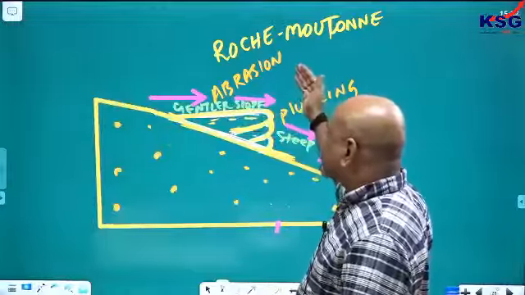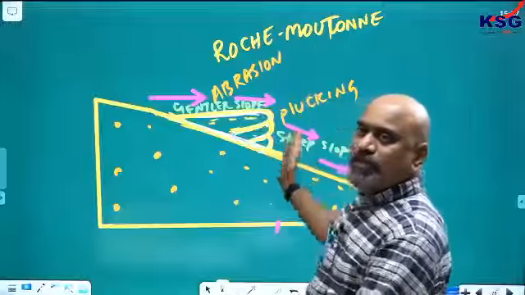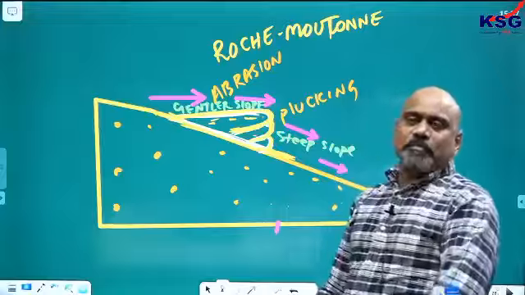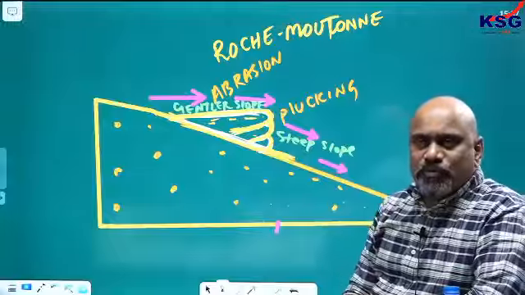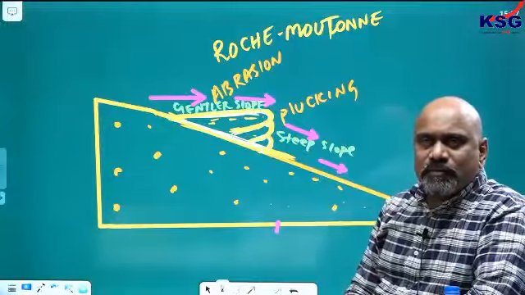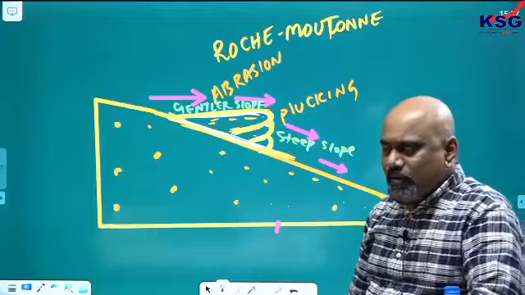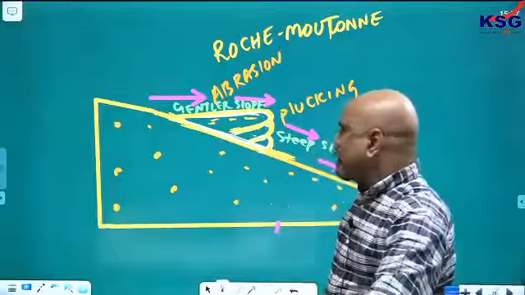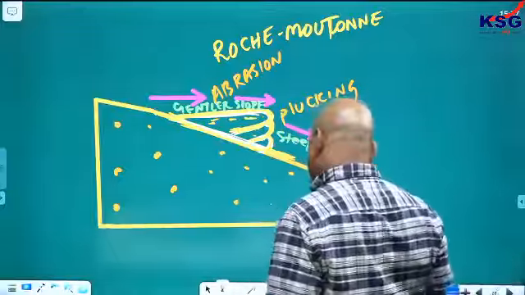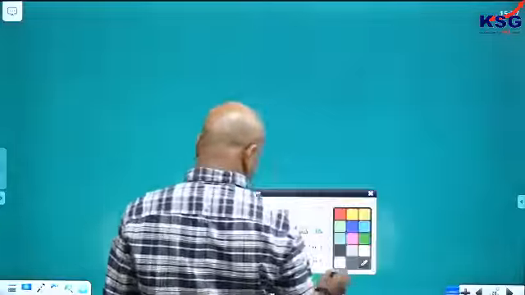Then later on plucking dominates. Abrasion and plucking, two different geomorphic processes dominate here.